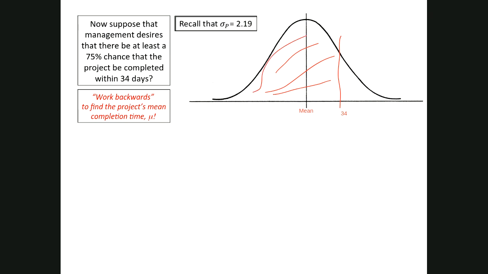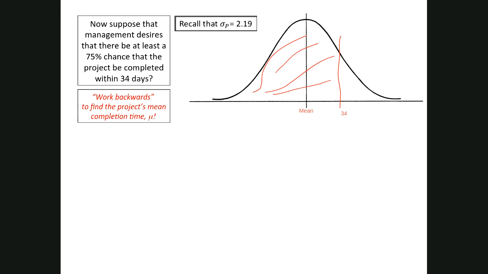And so what we want to determine is that mean. We know the z-value is 0.68, and we're going to calculate our x minus mu, but the mean now is unknown. So we want to calculate 34 minus the mean and divide that by our standard deviation, 2.19.